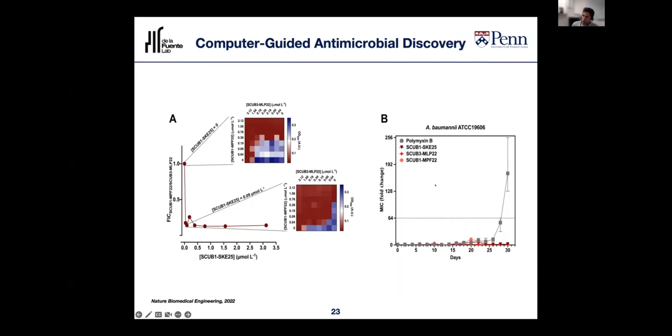And we can see that the bacterium eventually develops resistance to polymyxin B, but not to the encrypted peptides, at least within the constraints of our experiment, which was a 30-day experiment. So these are encouraging results, since you want to minimize resistance development if you're trying to develop a drug.